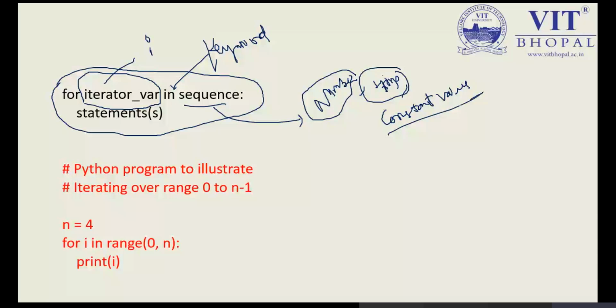So the Python program here identifies the iterative range from 0 to n. This is a different way by which you can write, but I'm using the range function here.